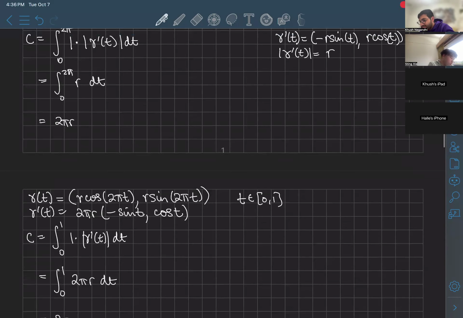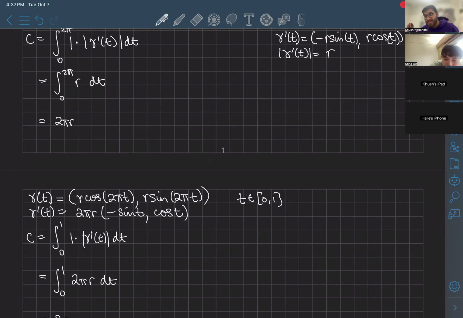And we can sort of see this because if we have a reparameterization and we take the derivative, we get an extra factor of the speed of the parameterization, right? And this extra factor of the speed is then canceled out by a change of variables for the bounds of integration. Because if I move two times as fast, my interval of one time rotation has to be one half of what it was previously, right?